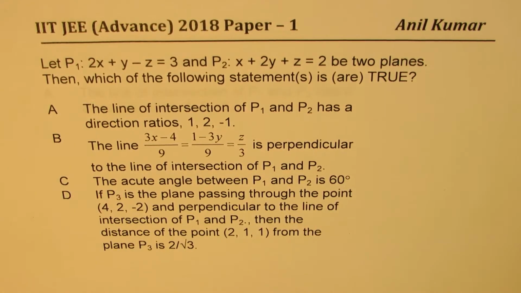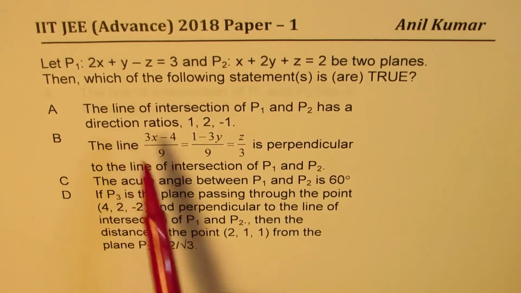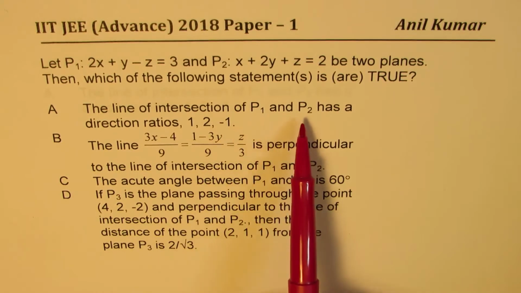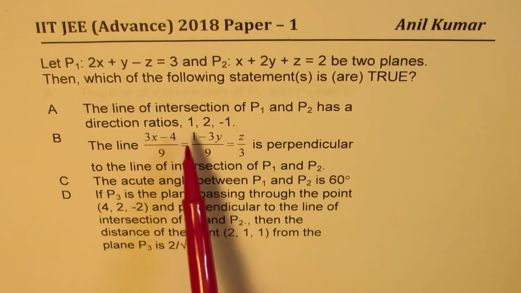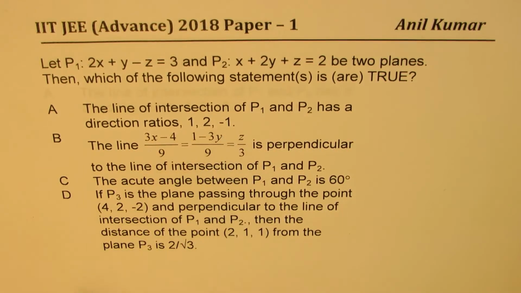So there are four statements. A. The line of intersection of P1 and P2 has direction ratios of 1, 2, minus 1. B. The line (3x minus 4) over 9 equals (1 minus 3y) over 9 equals z over 3 is perpendicular to the line of intersection of P1 and P2.